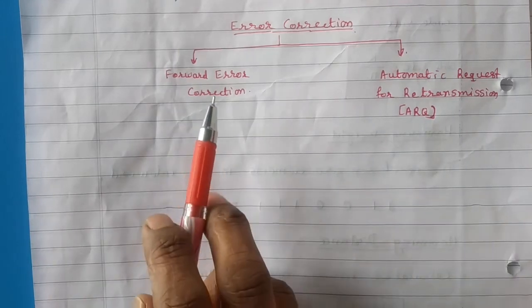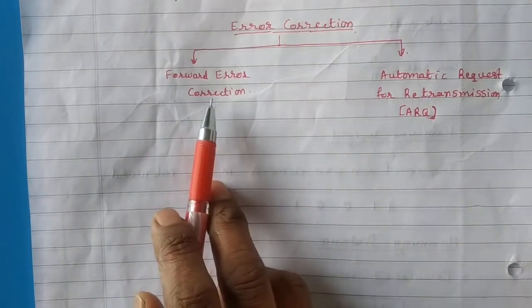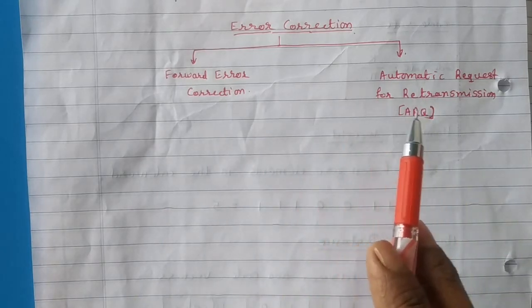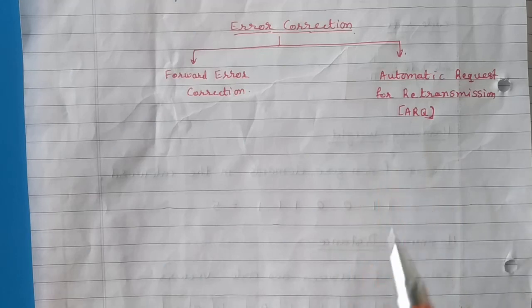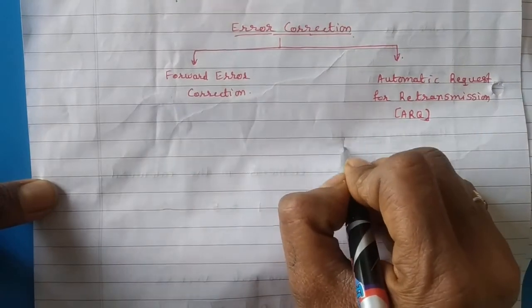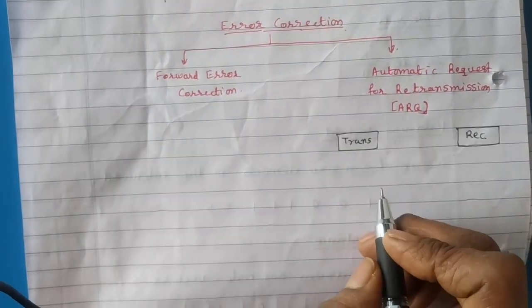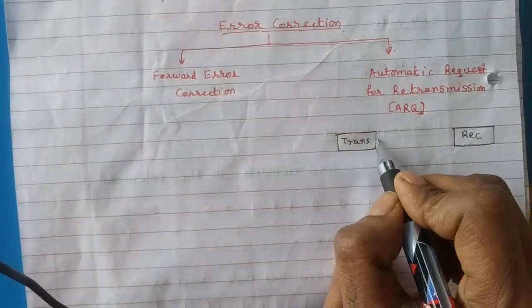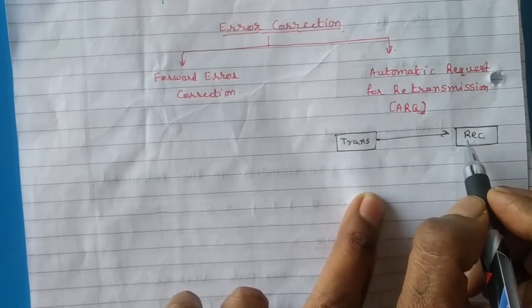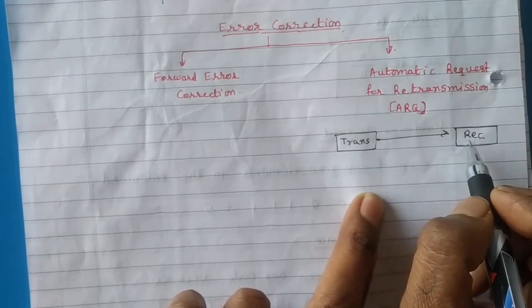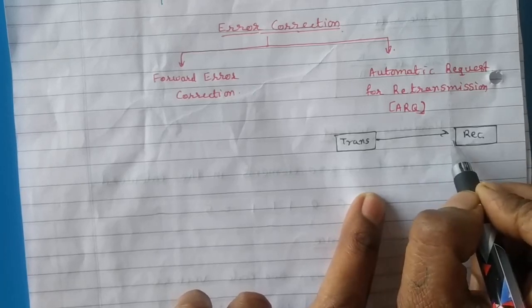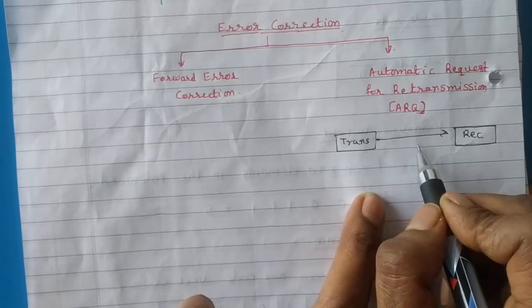In error correction, there are two techniques: forward error correction and automatic request for retransmission, also called ARQ. In ARQ, when the message bits are transmitted from the transmitter to the receiver, and the receiver finds that there is some missing block of data, then it may request retransmission of that particular block of data.